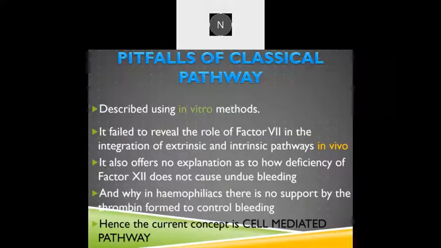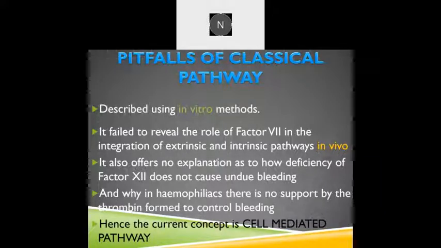And what are the pitfalls? Why we have to think of some other method of description is that it is described using in vitro, that is test tube method. These were all done in the laboratory, and this is what you found out. It failed to reveal the role of factor 7 in the integration of extrinsic and intrinsic pathway in the body.